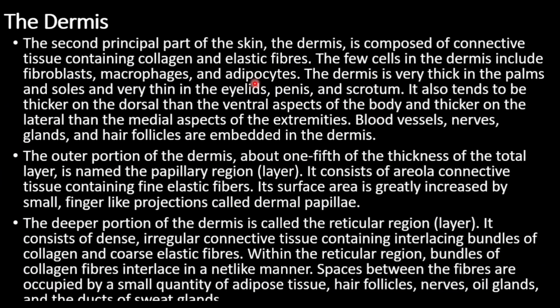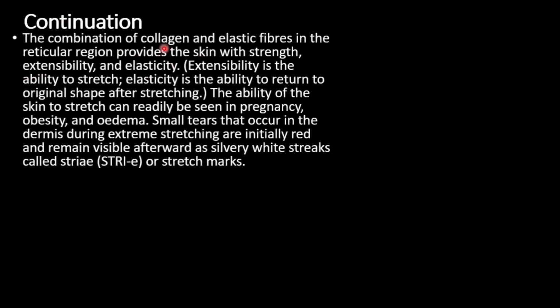Let's go to the dermis. The dermis is the second part of the skin, and it is composed of 2 layers. So to not get confused, we're talking about the dermis now. The first layer is called the papillary region or papillary layer, while the second layer is called the reticular layer. But the thing to take from this is that the dermis contains elastic fibers, and these elastic fibers give the skin the ability to stretch or extend.